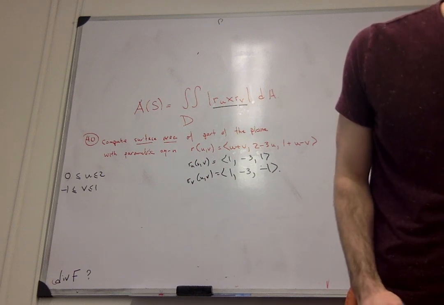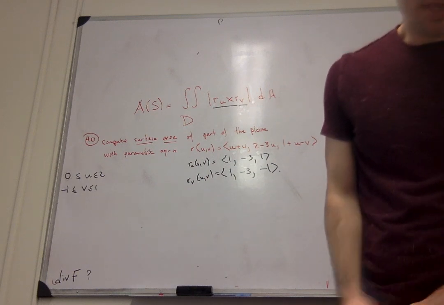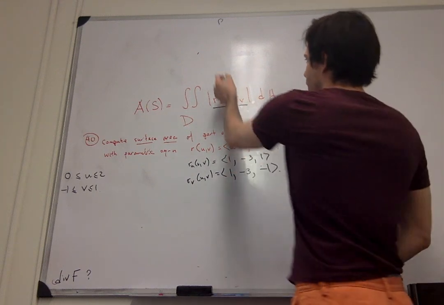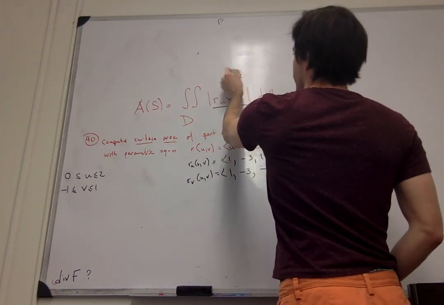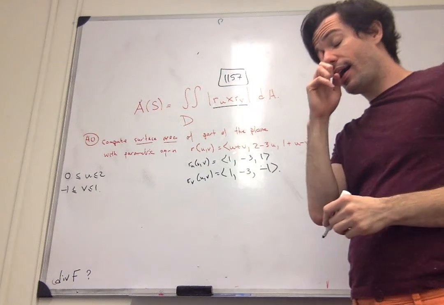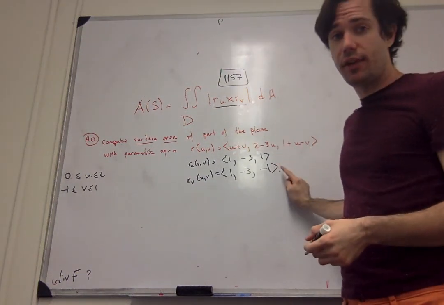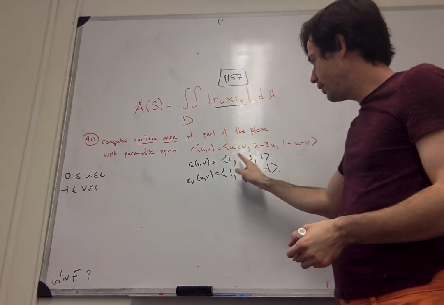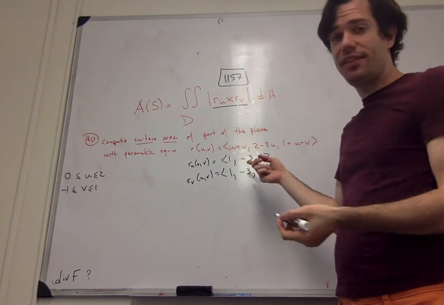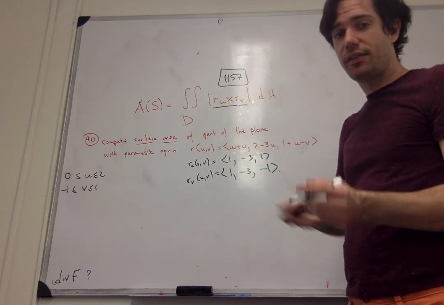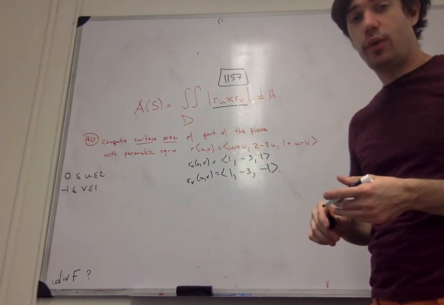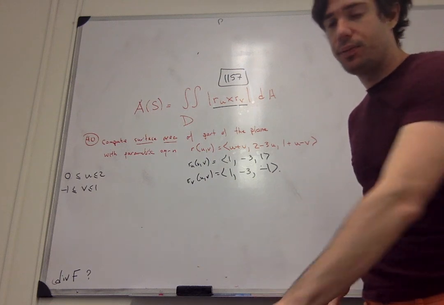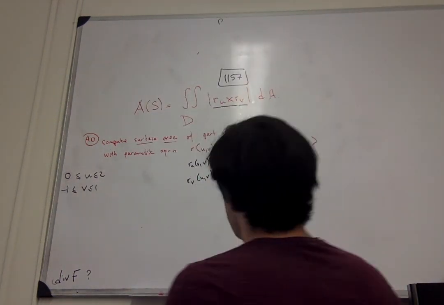So this is definition 6 on page 1157. In fact, this is smooth at every point because this is a constant vector. And so we just have to check it once. And if we check it once, we check it for all. So let's do that calculation.